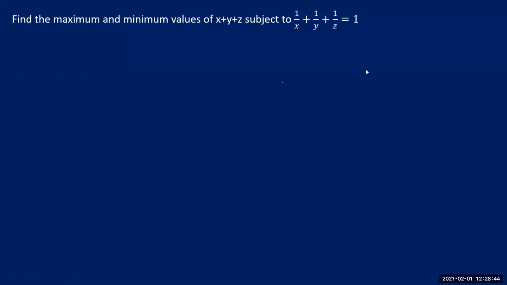Right. Look at this question. You're asked to find the minimum and maximum values of x plus y plus z subject to this constraint. As you're asked to find the maximum and minimum values of this function, I'm taking f of x, y, z as x plus y plus z. And here is some equality.